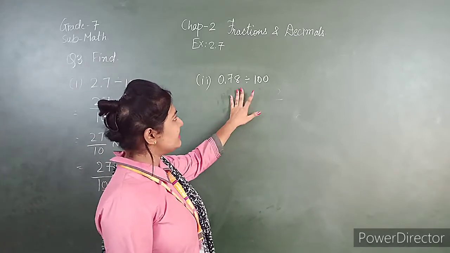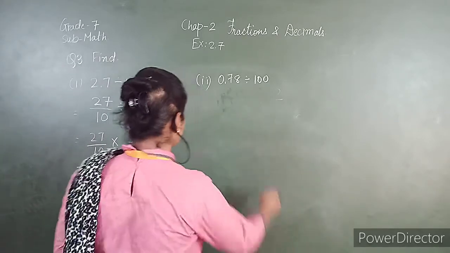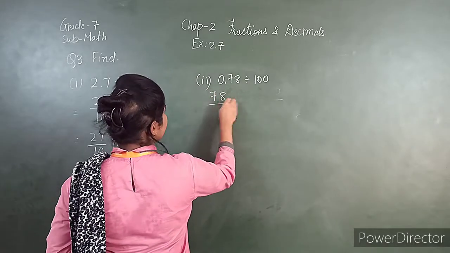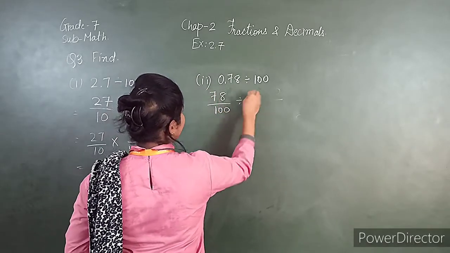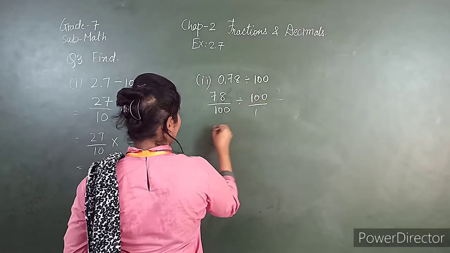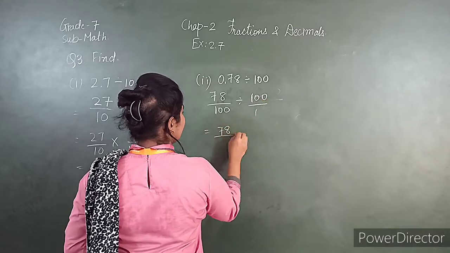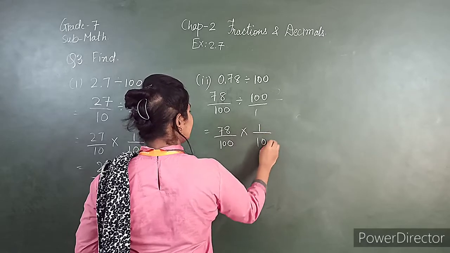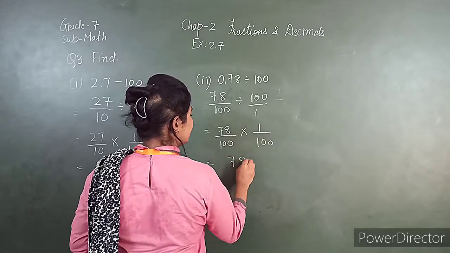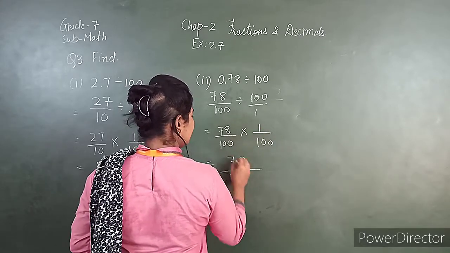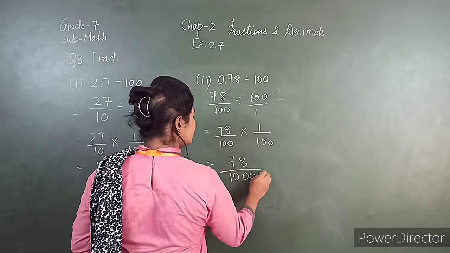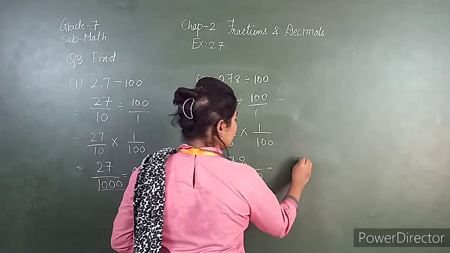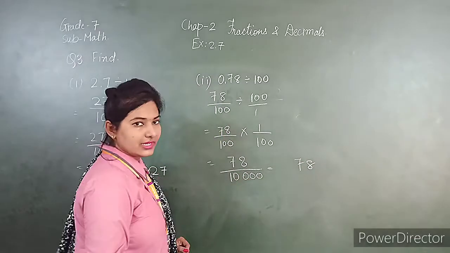Then 0.78 divided by 100. So here 78 upon 100 divided by 100 upon 1. Here if we change the sign, then we have to write the reciprocal. So it is 78 upon 100 into 100, that is 10,000. So here in 10,000 4 zeros are there.